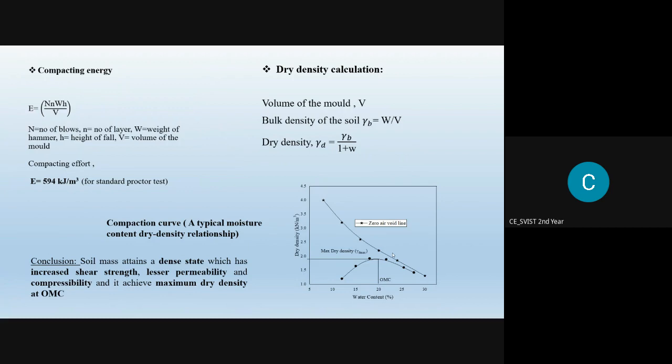As we add water during compaction, water accumulates around the soil particles, and the friction between the soil particles becomes lesser because of the coating of water surrounding them. So they move easily, and as the friction is lesser, the soil particles go into the air voids.